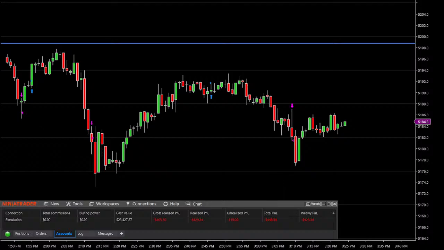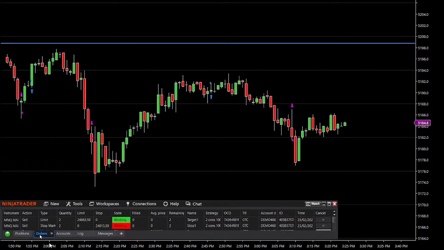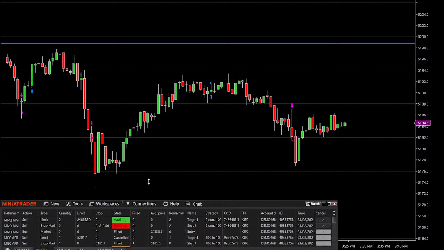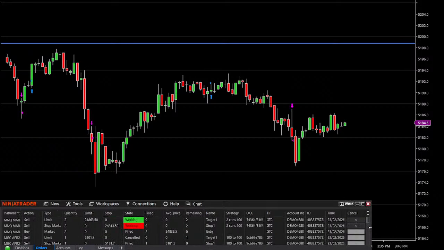What direction was my last gold trade? I don't even know how to find my trade history on Ninja Trader.